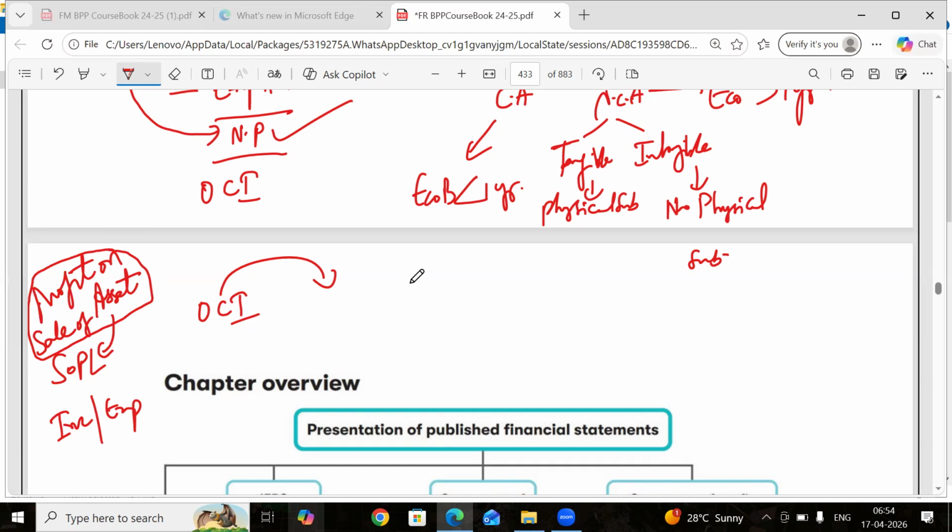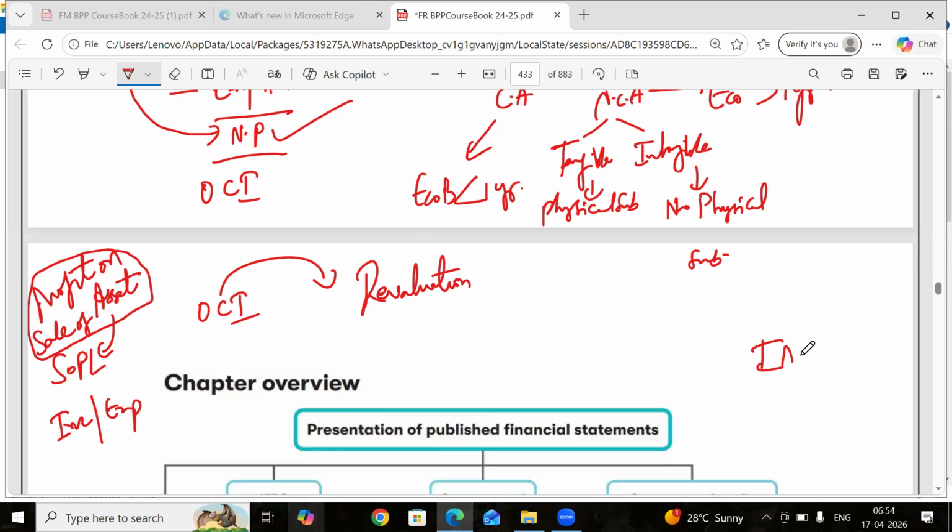But if the intention is to hold the asset for a longer period of time and you want to show the asset at its exact value in the market, that's called revaluation. It is the process of getting the actual value of the asset from the market, because it looks more realistic to show the asset at its market value. And what are the standards you're going to study in this?